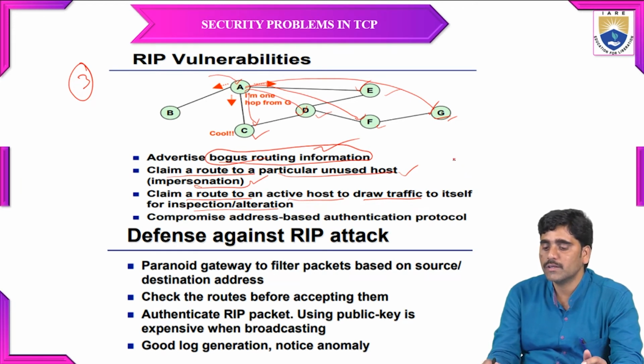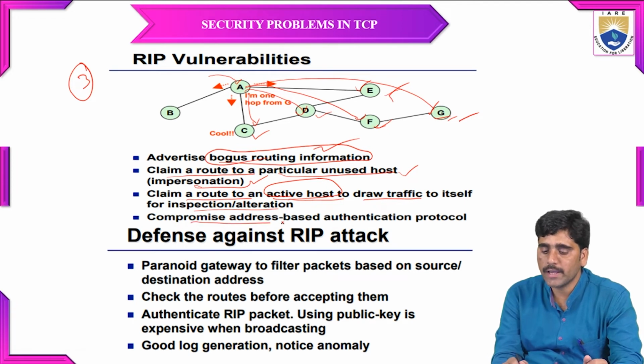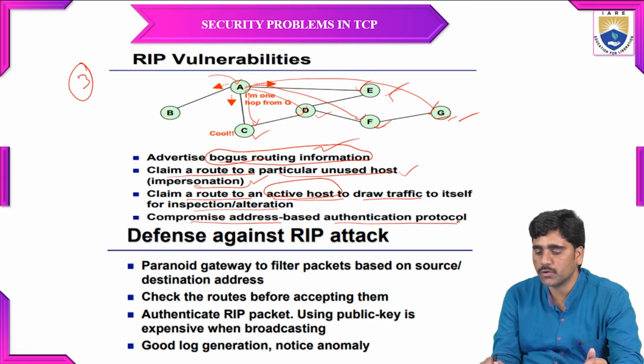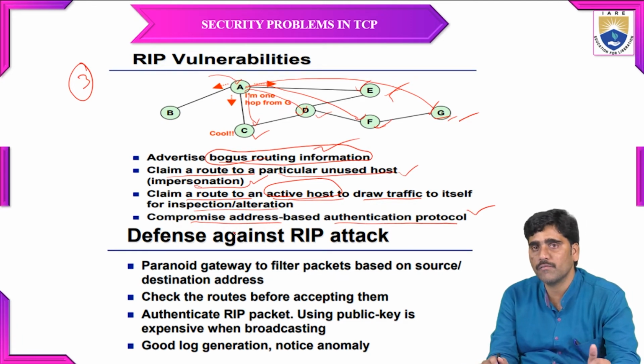Wherever the hops are, all the hops are going to act like an active host with the help of the attacker for inspection or alteration. And compromise address-based authentication protocol. Address-based authentication protocol is one protocol which provides an address for each and every hop. So that protocol is also compromised with the help of the attacker.